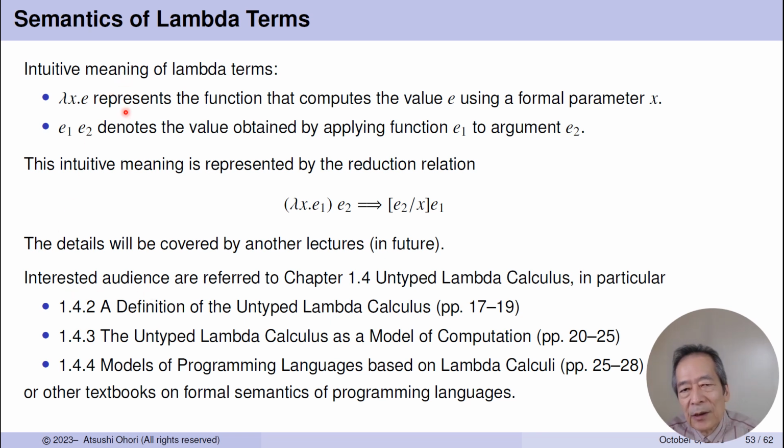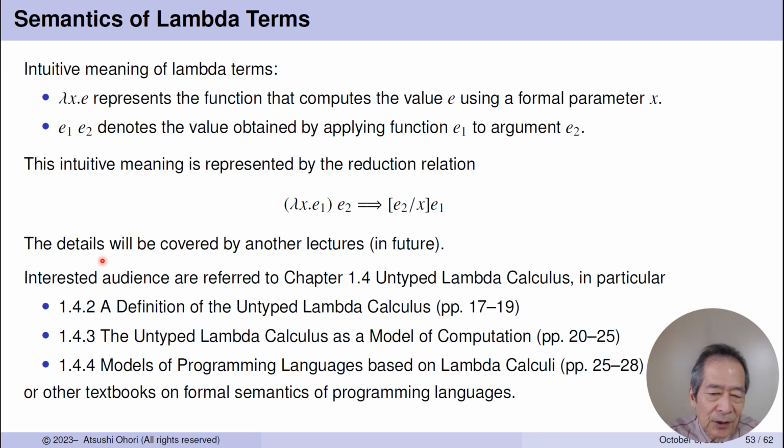The detailed understanding of denotational semantics or syntactic property of the reduction relation, these are not necessary to understand the rest of this lecture on type inference, typing system and type inference. And if you're interested in these, you should refer to some relevant chapter of my textbook or any other textbooks on formal semantics of programming languages.